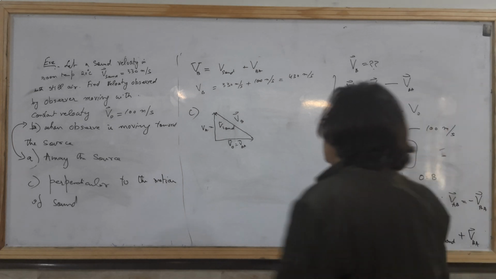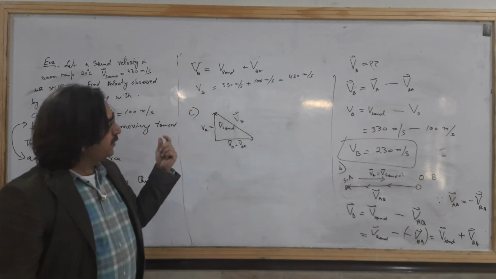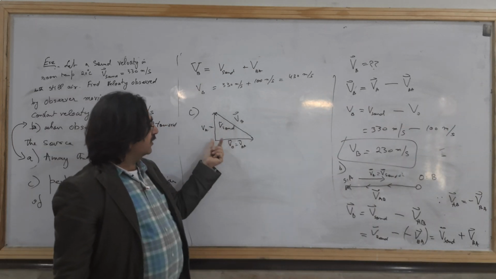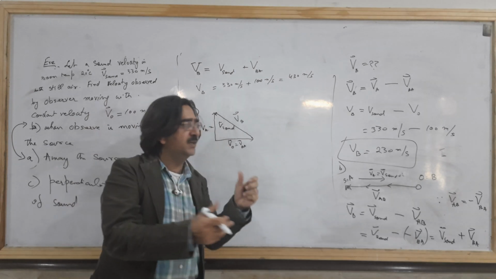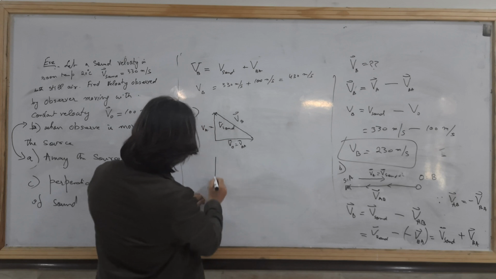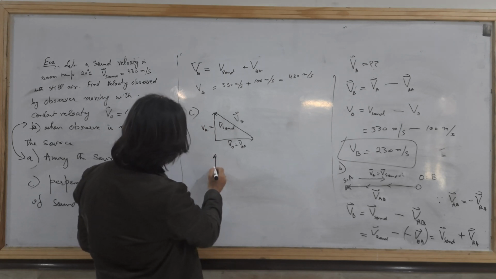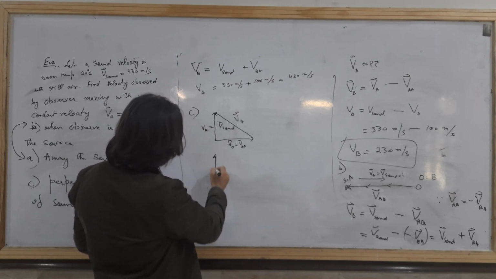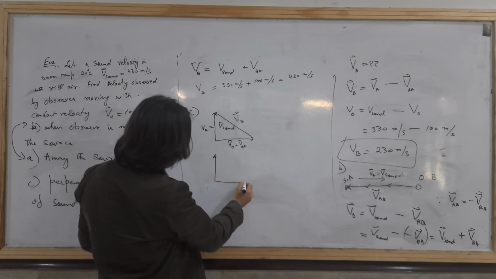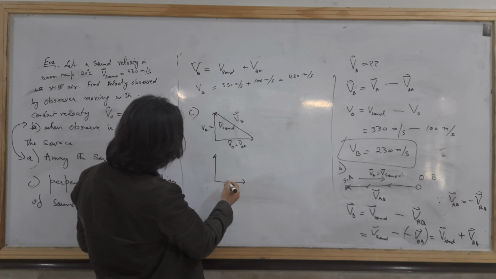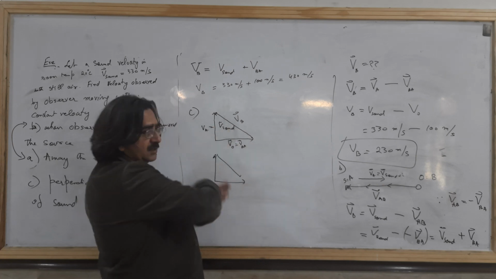And this is case C. You may ask why I have not taken the VA along this. Because they have the same meaning. If I rotate it in this way, this is the source, sound, the observer is moving upward, and the meaning will be the same. This is the symmetry.